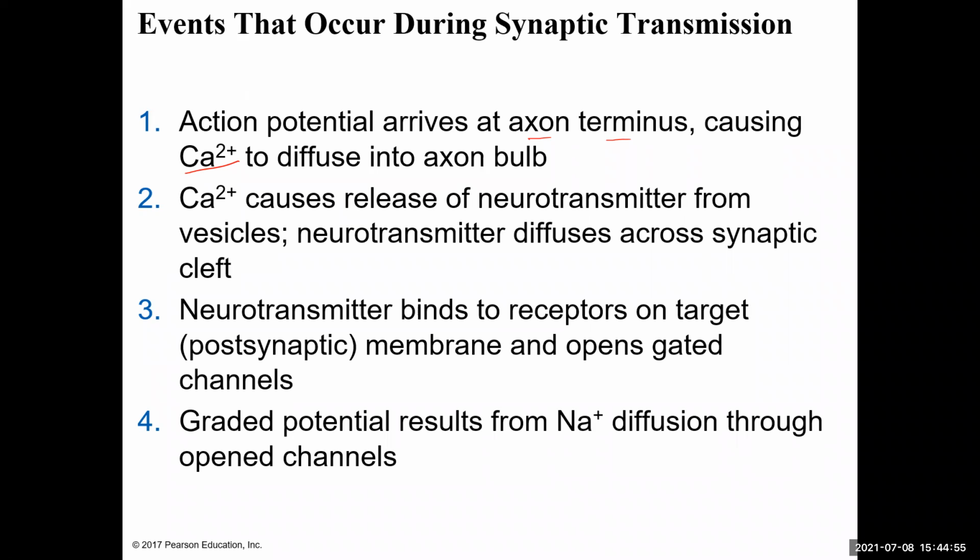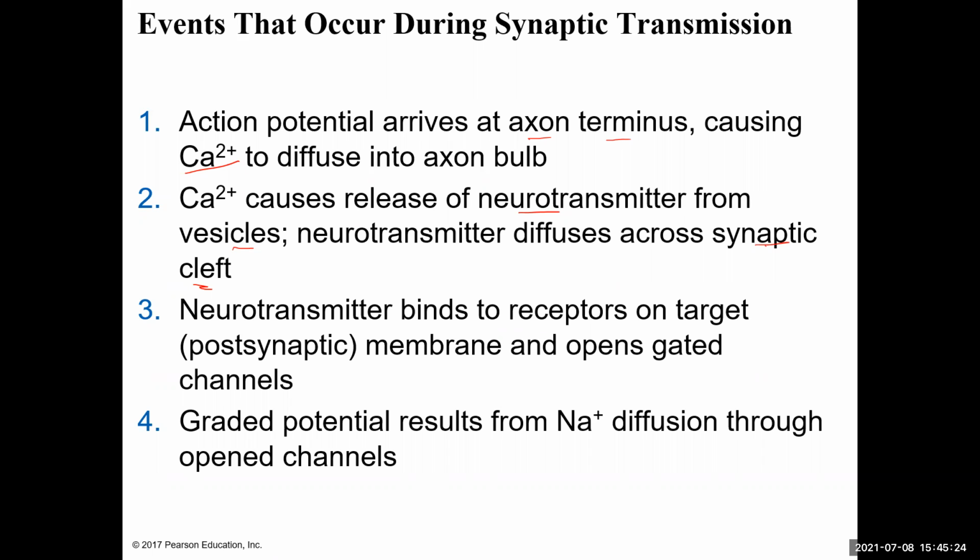We talked about exocytosis, where vesicles combine with the plasma membrane of the cell and push material to the intercellular environment. So that's basically what's happening here. The neurotransmitter will be in a vesicle, and then it will be pushed across the plasma membrane into the synaptic cleft, so basically the gap between the neuron and the target cell.